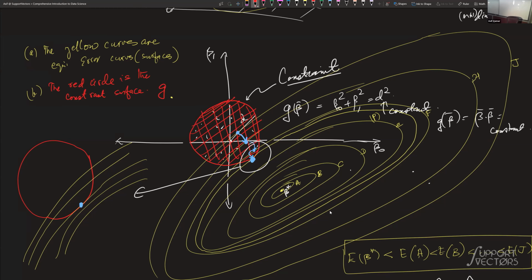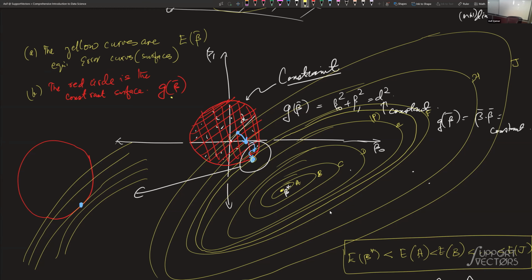So G of beta is this, and this yellow one is the error associated with the beta at that particular point, isn't it? At this particular point, we can tell what the error is because it's a point in the hypothesis space, and we can also compute the value of G. Does that make sense, guys?